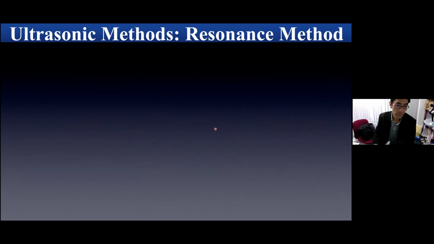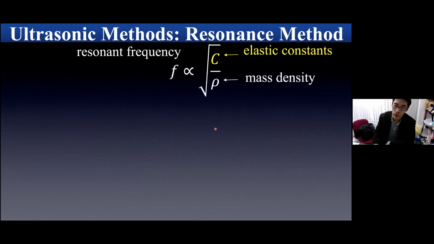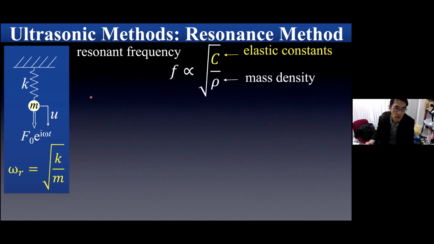Then we use a resonance method. The resonant frequency of a solid also depends on the elastic constants, as the sound velocity does. For example, you know this system consisting of a point mass and a spring, and in this case the resonant frequency is given by the square root of k divided by m, where k is the spring constant.